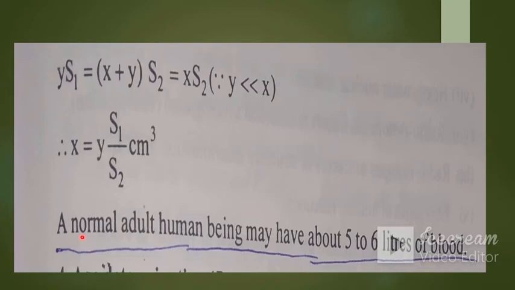A normal adult human being may have about 5 to 6 liters of blood.